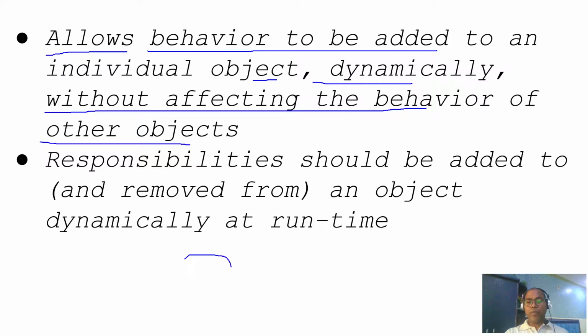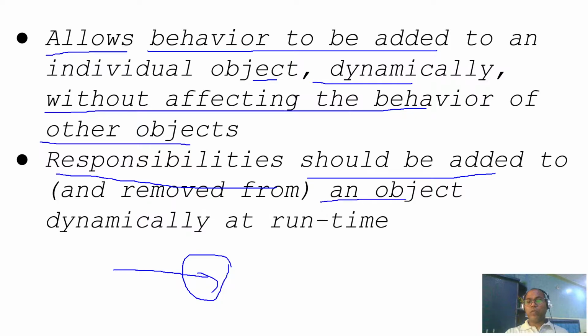That means we have one object, and to this object you want to add some behavior. Responsibility should be added to an object dynamically at runtime. Whenever your application is running, you can add some new behavior, new method, new functionality.